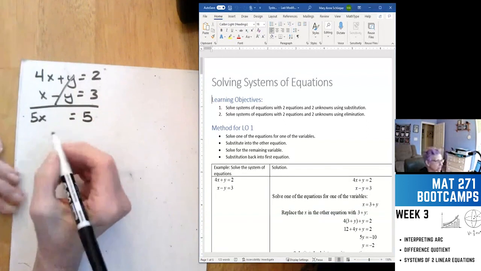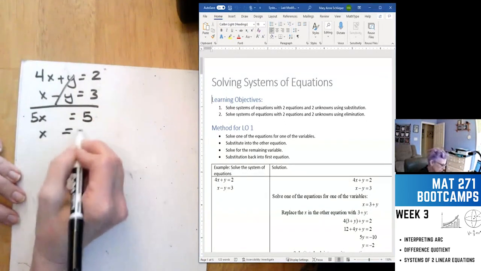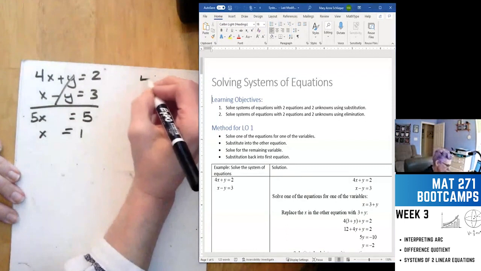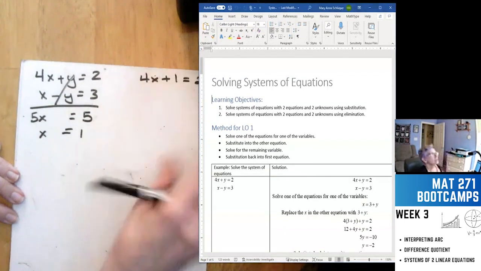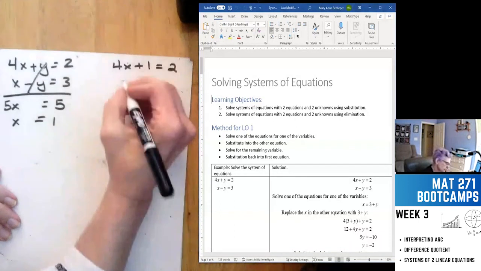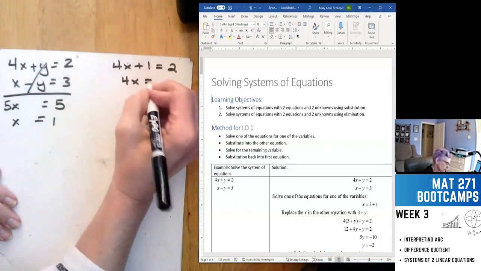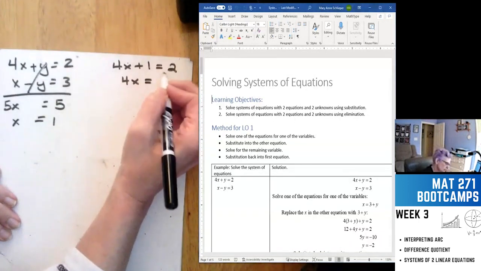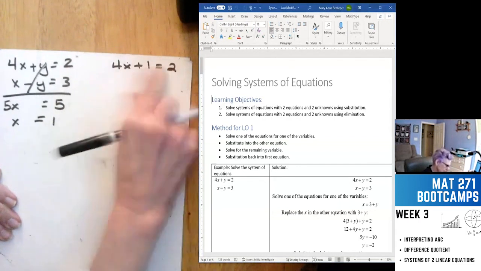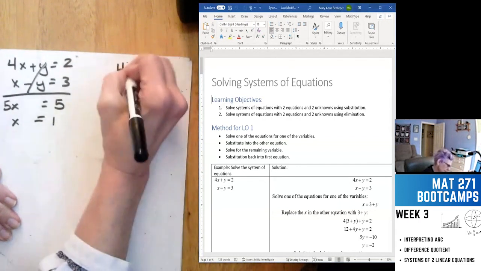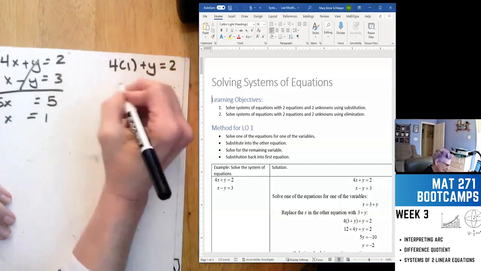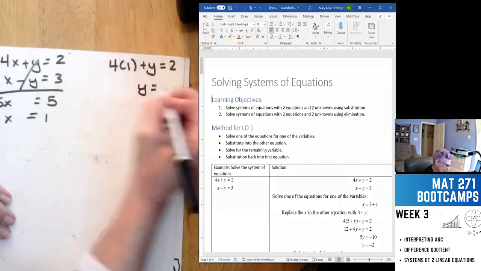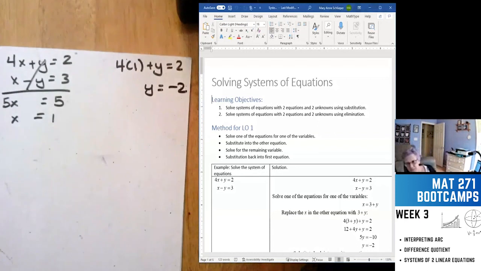So x is equal to 1, and then 4 times 1 plus y is equal to 2. Then y equals negative 2.